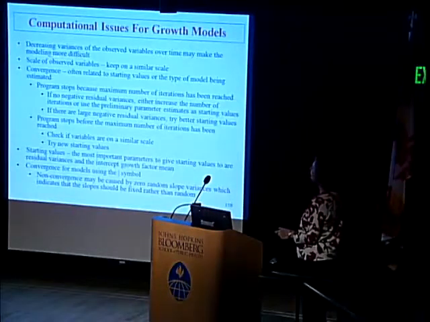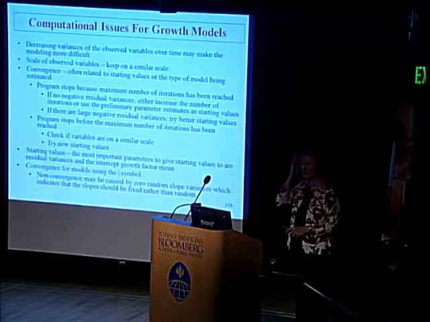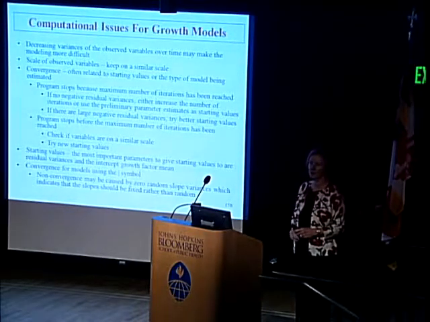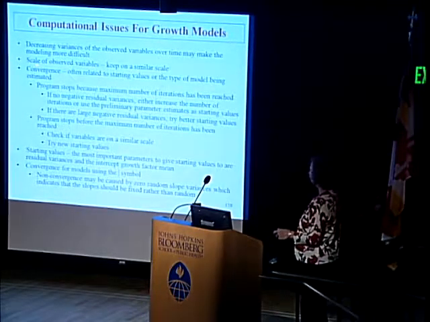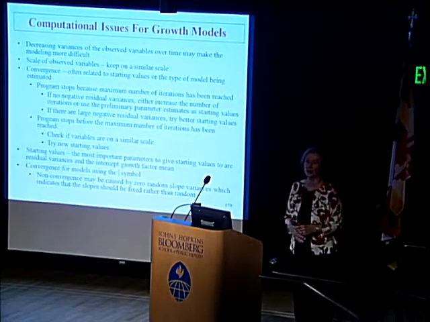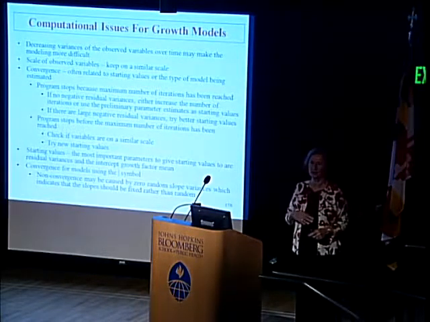So one of the things that we've already talked about is if the observed variables decrease over time, this could make the modeling more difficult. So that's one thing to keep in mind. And there's also an issue of the scale of the observed variables. In your model, you may have observed outcome variables, and you may have observed covariates.